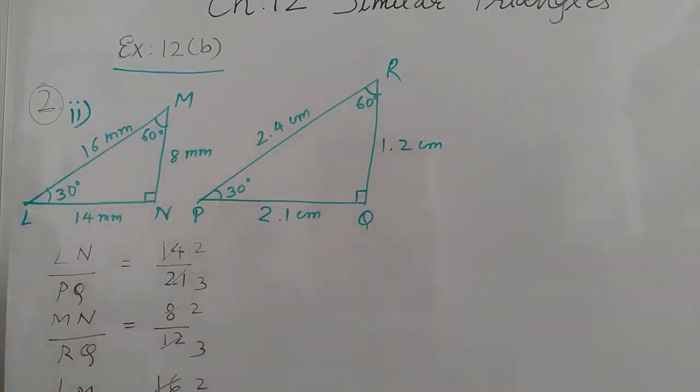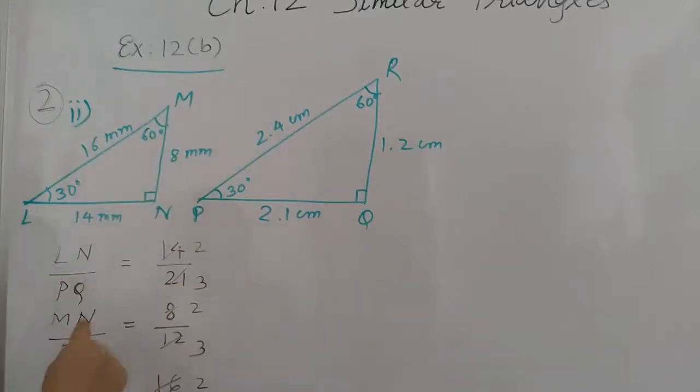Now we can take the corresponding sides ratio. First I have taken LN to PQ. LN is 14 mm and 2.1 cm is converted into mm as 21 mm. By cancellation, 7 2s are 14, 7 3s are 21, so I get 2 by 3. Now the next side is MN upon RQ.